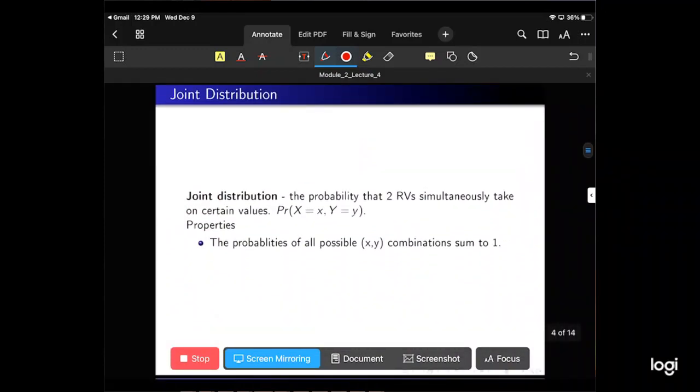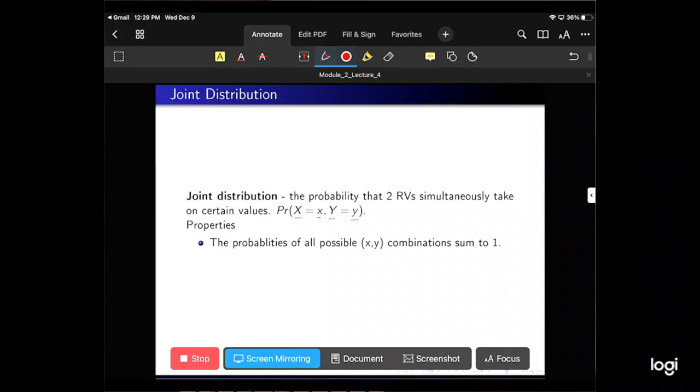A joint distribution. This is just a definition. The joint distribution is the probability that two random variables simultaneously take on certain values. We write it as the probability that the random variable x is equal to the outcome little x, at the same time the random variable y is equal to outcome little y.